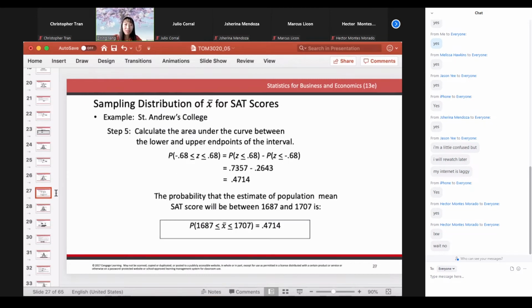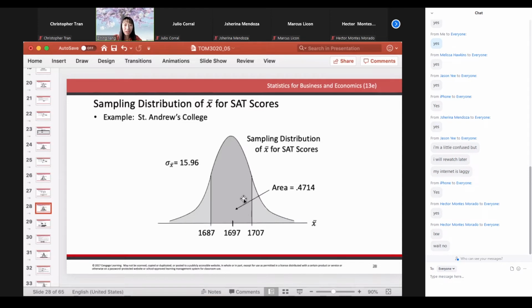And then, like we practiced earlier, if we use the larger one to subtract the smaller one, then we get the middle area to be 0.4714. So now let me ask, how do you interpret this number?